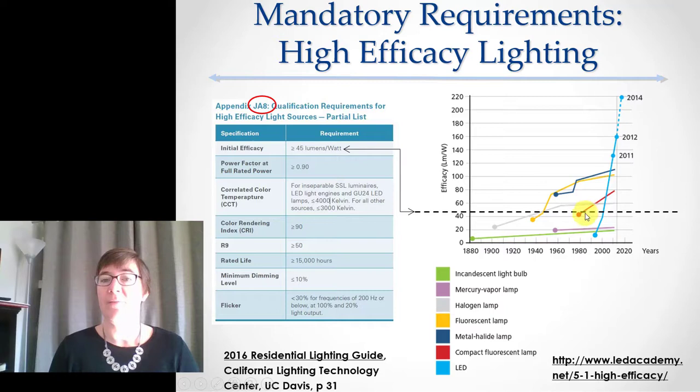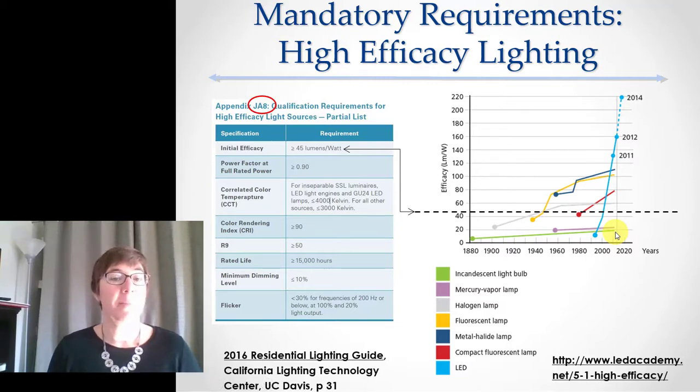Looks like it was invented in the 80s and has made some significant improvements in efficacy. Still doesn't match those fluorescent tubes. Those are still more efficient. Okay, but compare the compact fluorescent here all the way down to the incandescent. It's quite a big improvement.